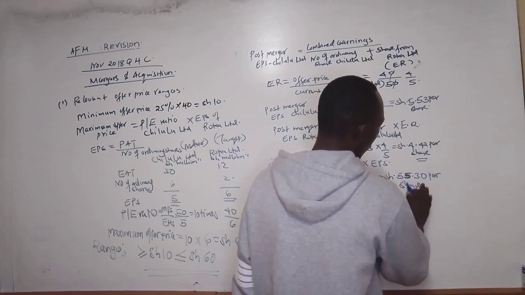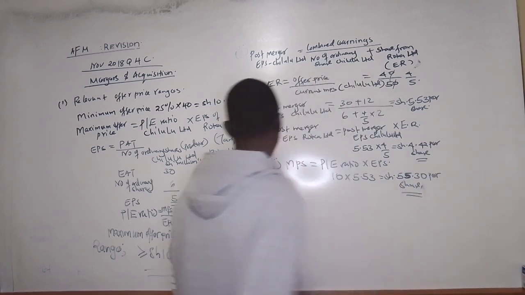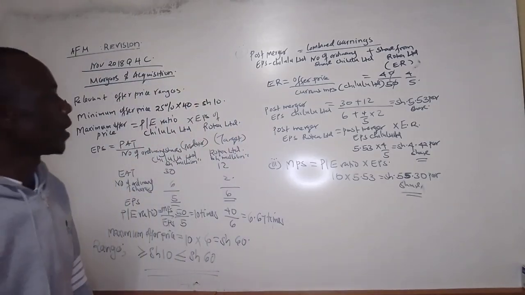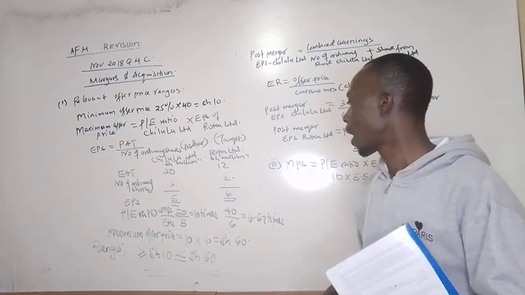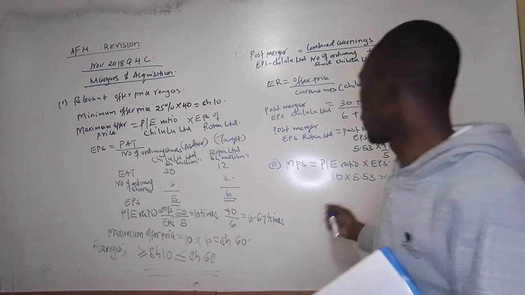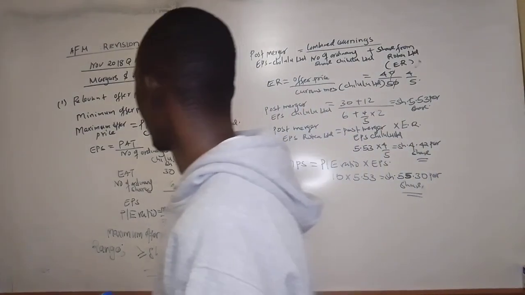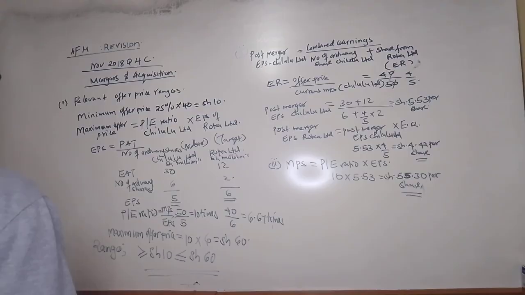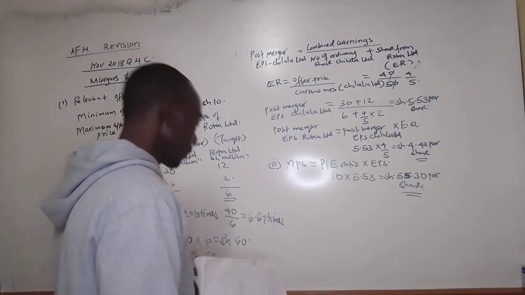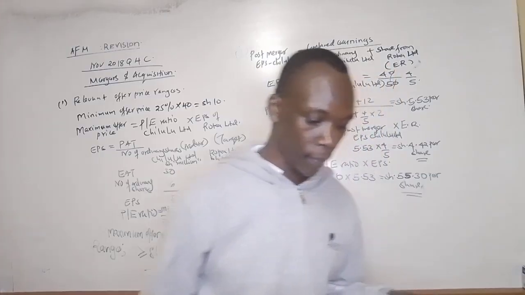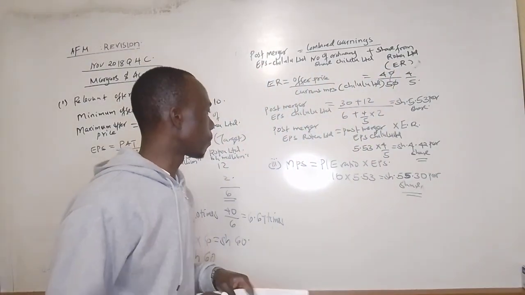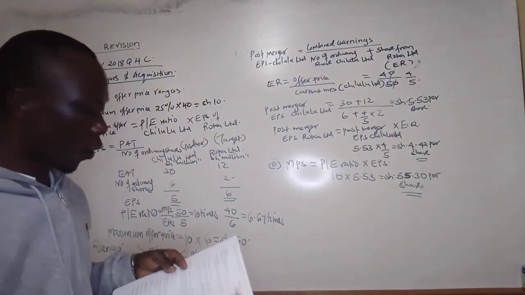That is how you are supposed to compute. The question is as easy as you see. You can compute it very easily and get your answers. That is in the case of mergers and acquisitions. If the examiner brings this kind of question, that is how you are supposed to compute.